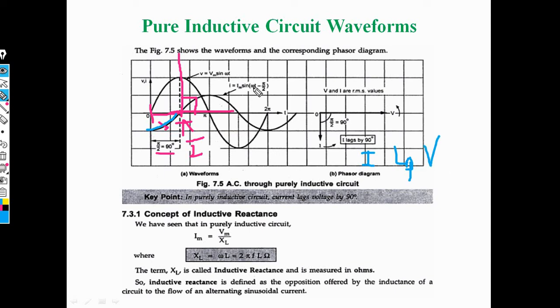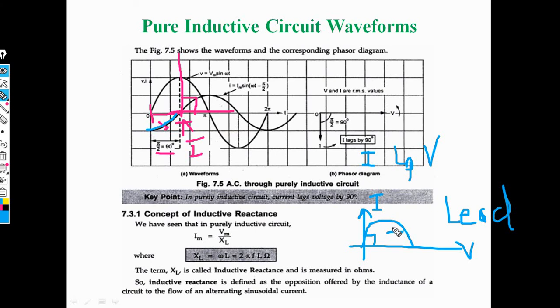But we have considered a positive waveform, this is the 90 degree angle and this is the current. This waveform will be applicable for lead, because here the positive waveform is there.